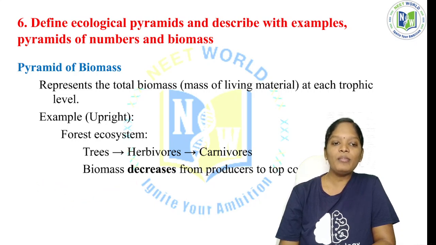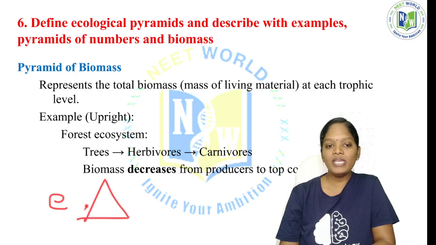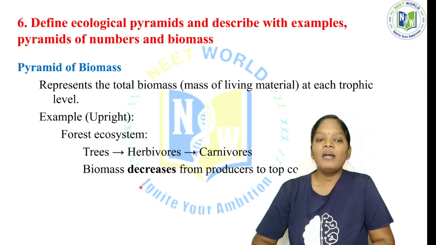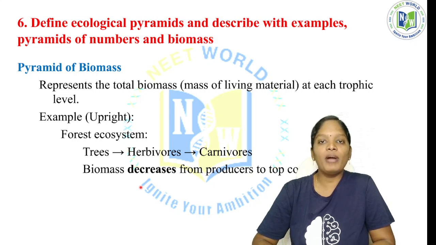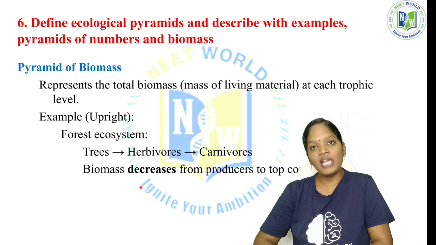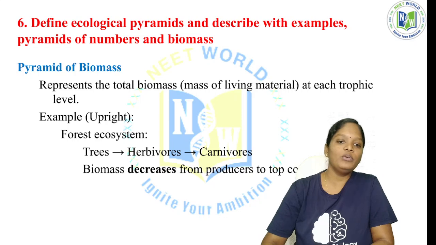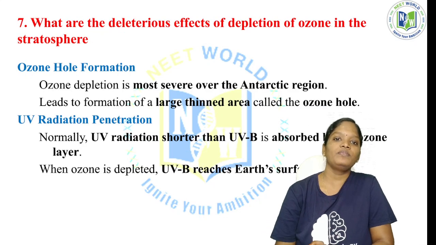So the pyramid of energy will always be upright. This is very, very important. We have studied three different types of pyramid: pyramid of numbers, pyramid of biomass, and pyramid of energy. The pyramids of numbers and biomass can be either upright or inverted, but the pyramid of energy will always be upright. So you have to make note of this.